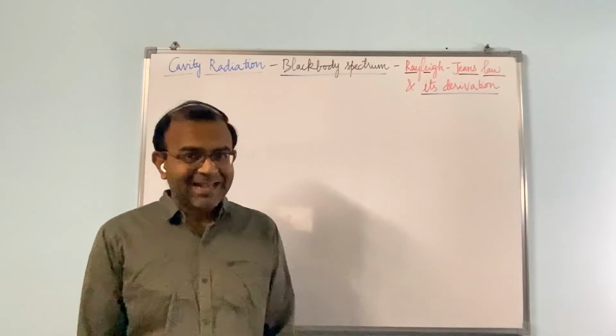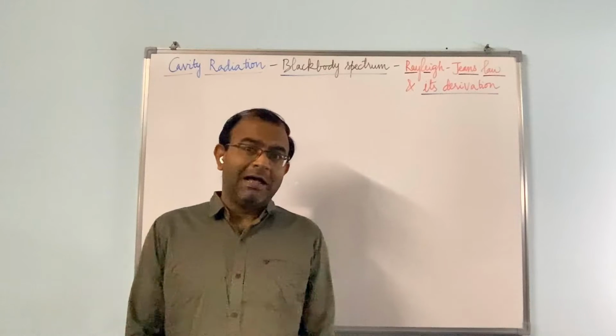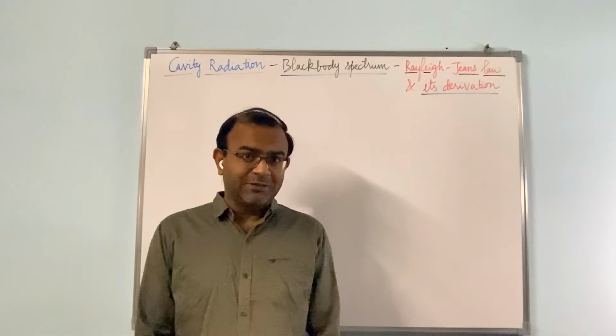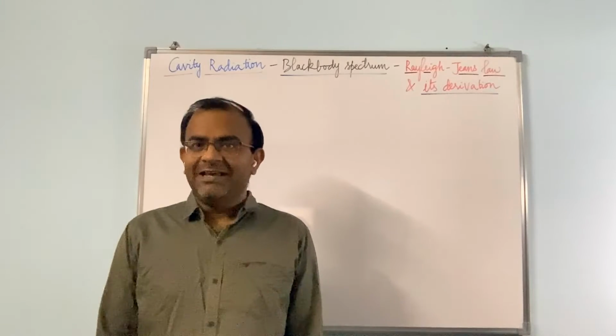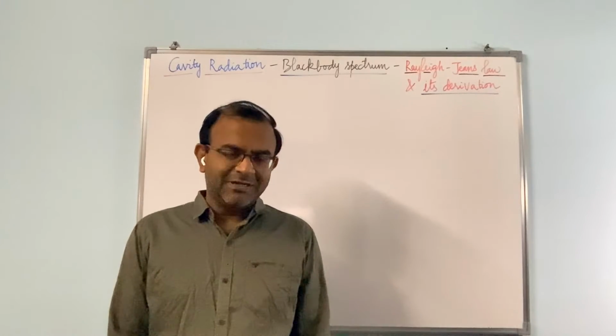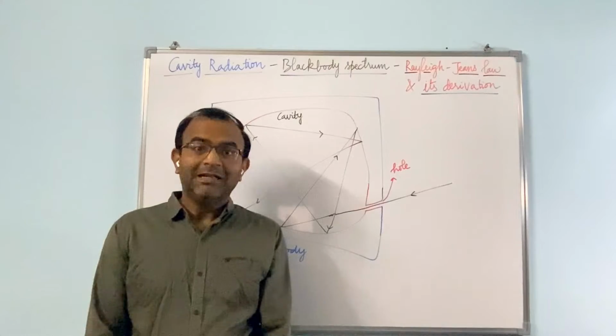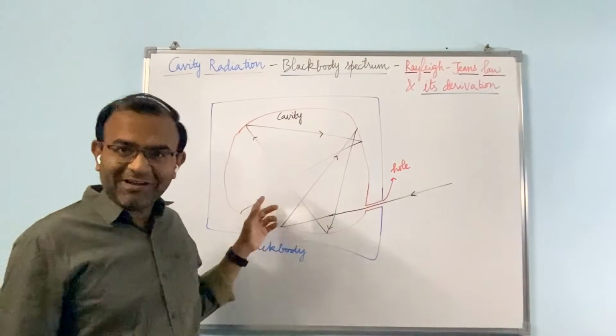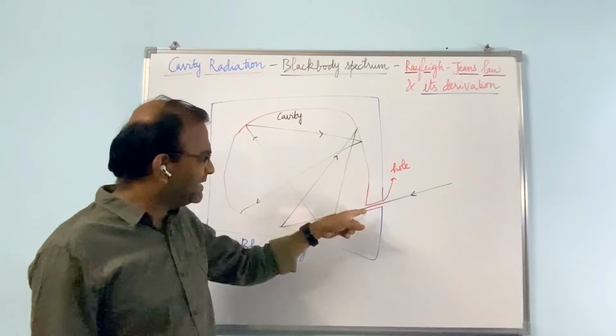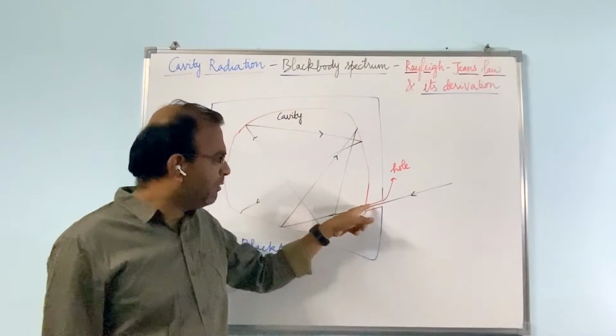Now there is a second class of objects that are black bodies. They are objects that contain a cavity which is connected to the outside world through a small hole. The second class of objects that can be called black bodies are objects that contain a cavity, such as the one shown here, which is connected to the outside world through a small hole.